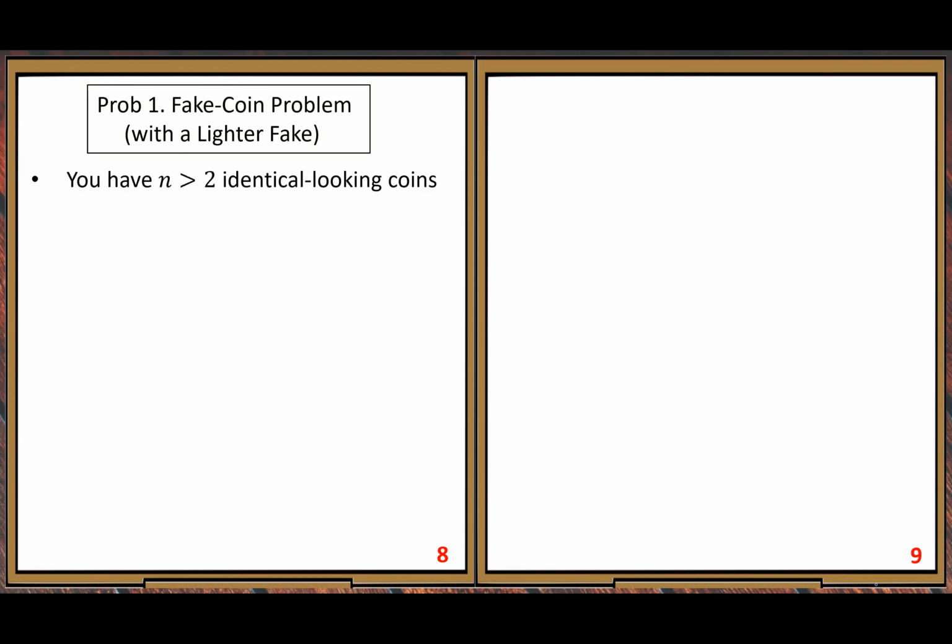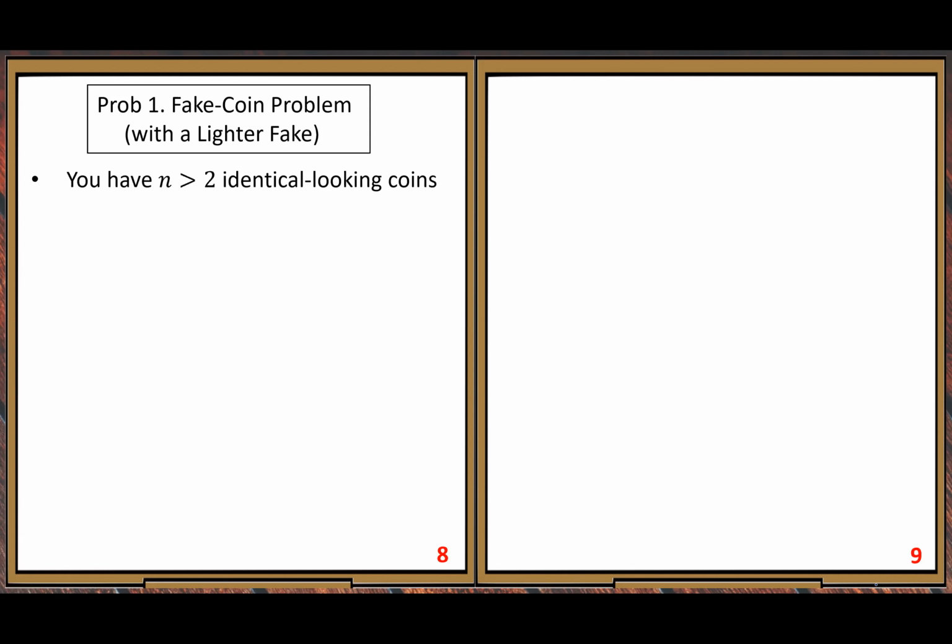The problem: we have n greater than 2 identical looking coins. So n should be greater than 2. Here we assume a fake coin is lighter than a genuine coin.